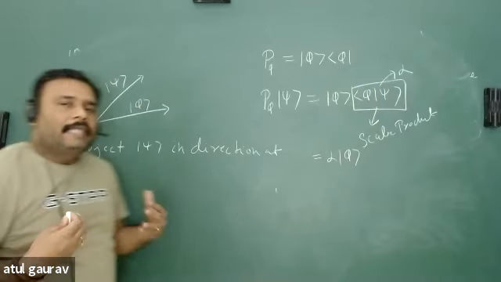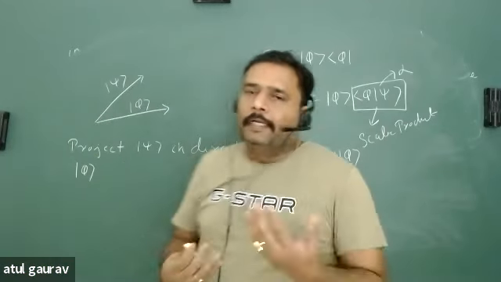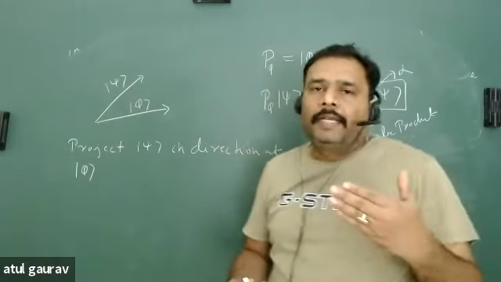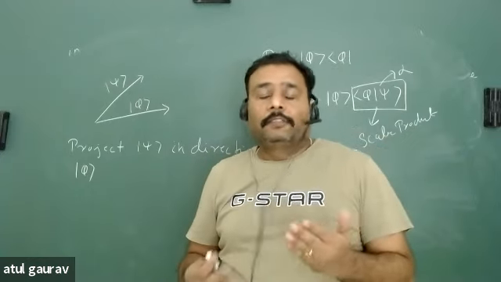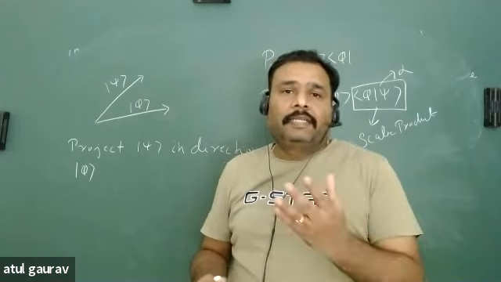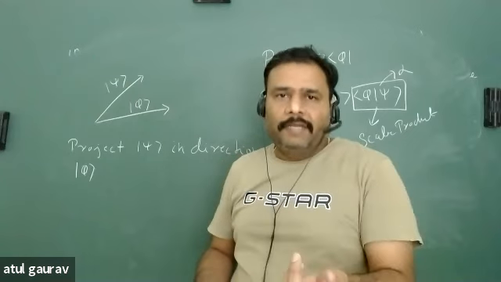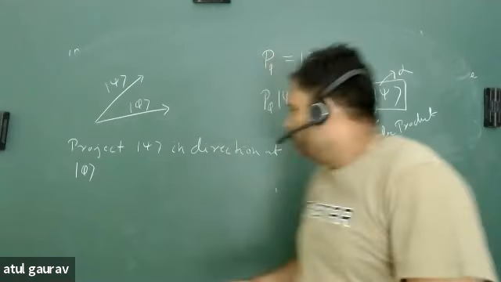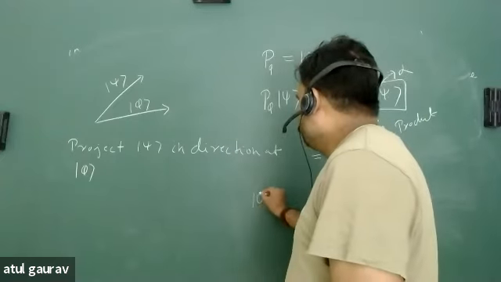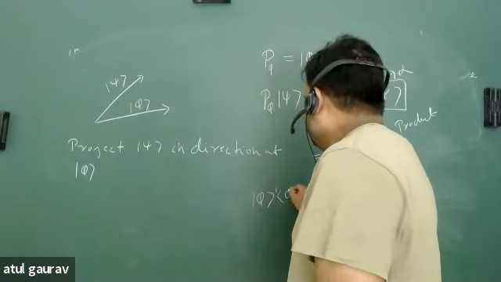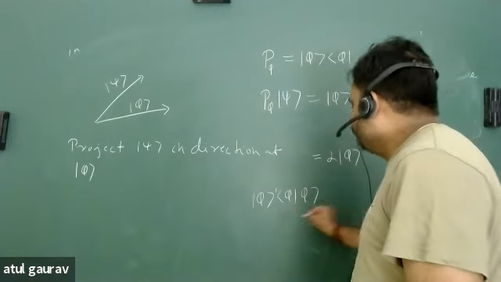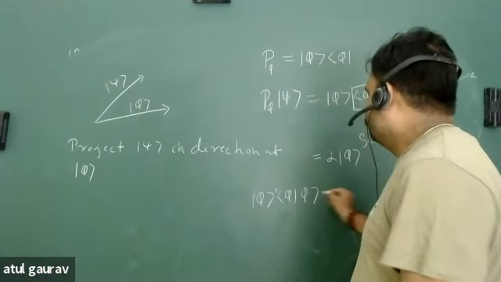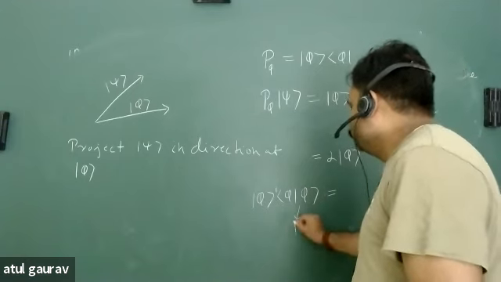And to realize much more, if you project any vector on itself, you will get the same vector. So what you will get? You will get |phi><phi|phi>. If I operate it on phi, then obviously <phi|phi> will be 1.